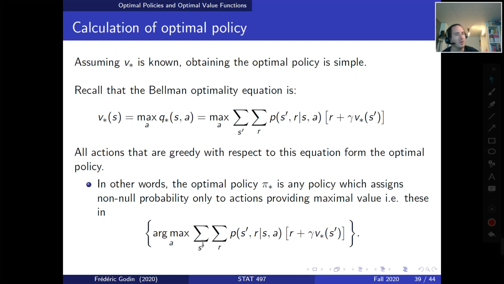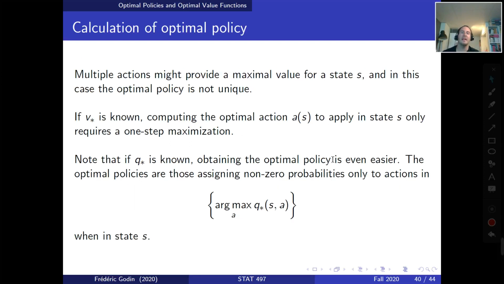We don't need to consider the sequence of all states until the termination of the episode. Rewards in subsequent steps are already represented by this V star. So this is a one-step maximization. We don't have to determine rewards or transitions in more than one step.